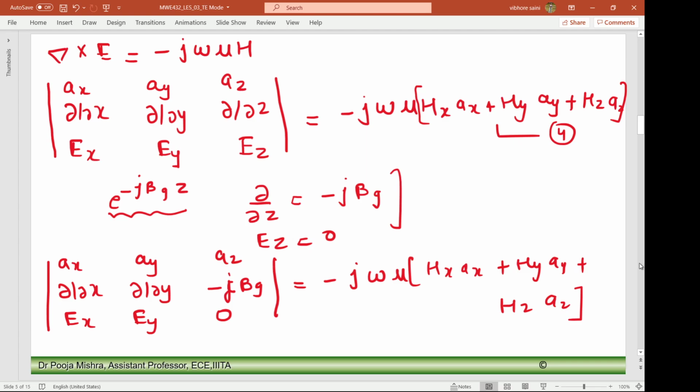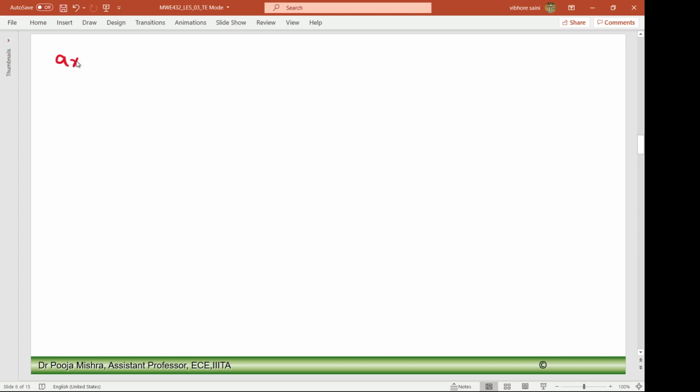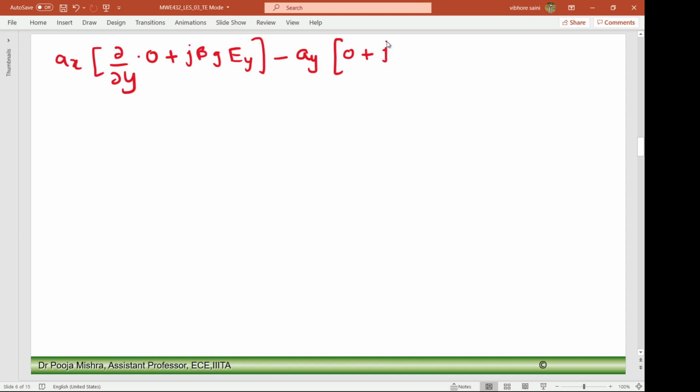Now the equation will be: Ax (del by del y into 0 minus del by del z, and del z was minus j beta g, so it will become j beta g Ey) minus Ay (del by del x Ez, which is 0, minus del by del z, minus j beta g, so plus j beta g Ex).